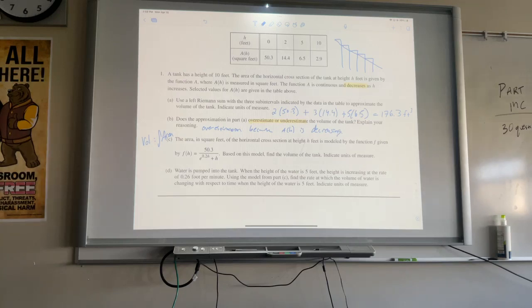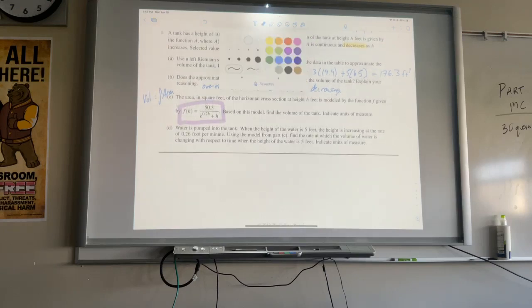Okay, you ready? Guys, the area of a horizontal cross section is modeled by this. How do we get to volume from area? We integrate it.